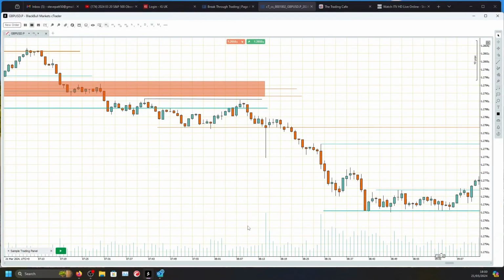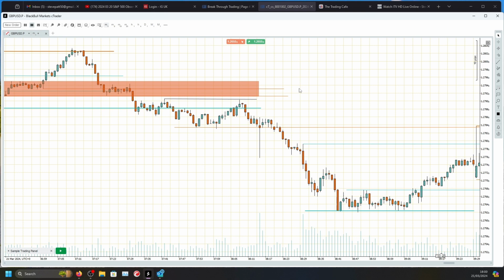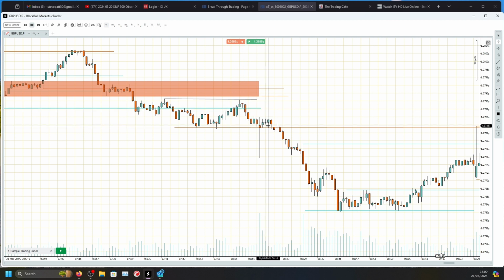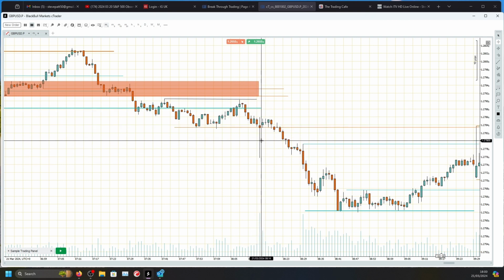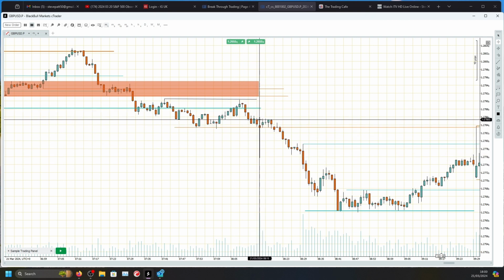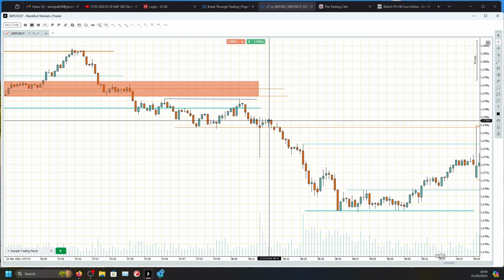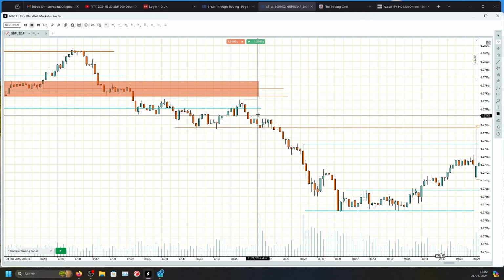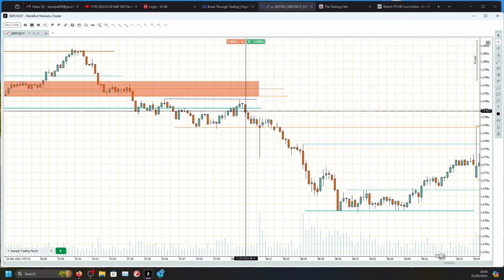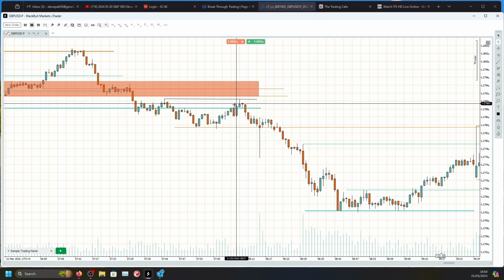But anyway, would I have entered there? See, if I didn't enter here and I saw this candle pushing down and then getting that rejection, that would worry me about going short now. If I didn't get in immediately, because that is a very good entry.